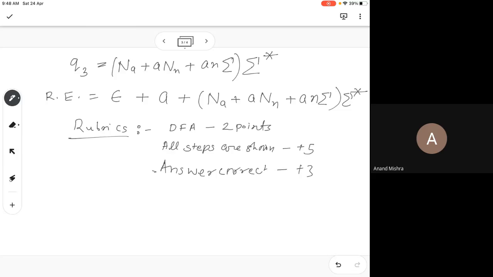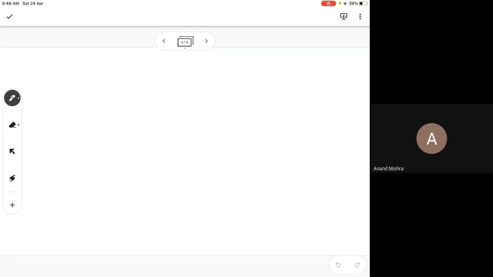There was a question: the minimum state DFA corresponding to the following regular expression over 0, 1 will contain how many states? The expression is 0 star plus 1 star. How did you draw it?